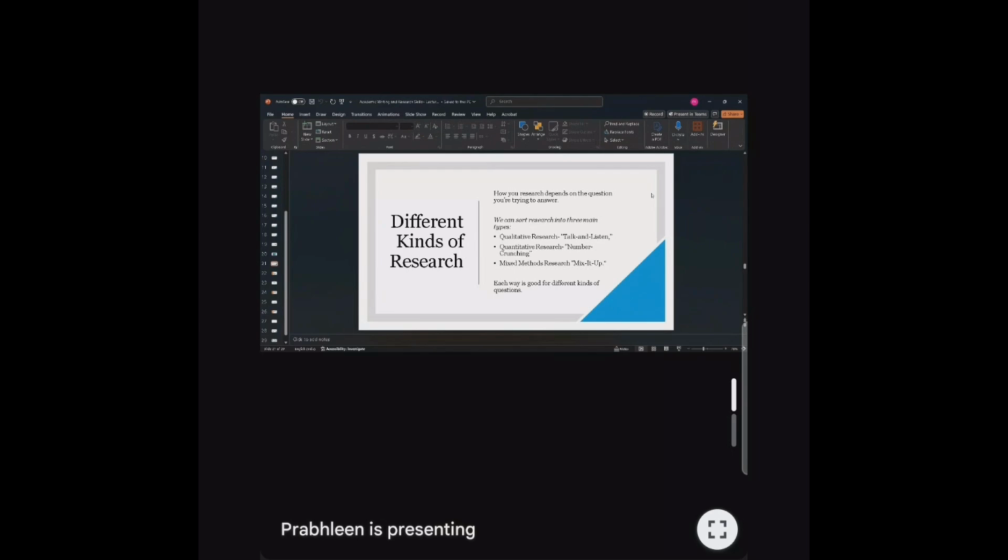For example, if you want to talk in depth about a person or a phenomenon, let's say you want to go and study the life of Jennifer Lopez, or a Russian president, or any famous figure, what you'll do is conduct interviews, study their background history, and their childhood history. This is what we call qualitative research, where you talk and collect data and then write it in a qualitative form, in the form of an essay.